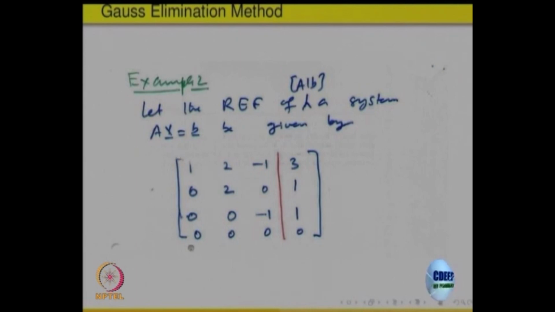So, in this system there is only one solution possible, and keep in mind what is R here? R is 3, which is equal to n, the number of variables, right. See, if R is equal to n, that means each pivot is going to come in each column.